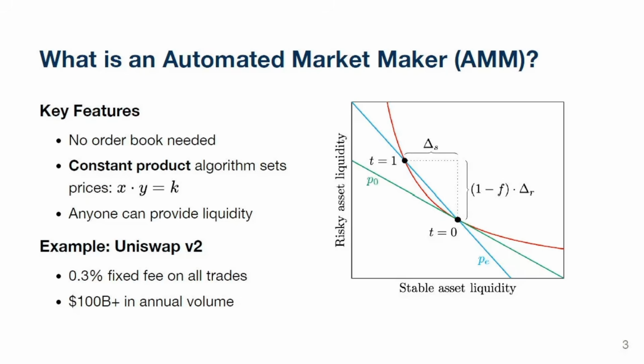In our specific case, we consider the constant product curve, where we have X times Y. These are the units of asset 1 and asset 2, and these units multiplied together must be equal to some constant K. Visually, this is what the curve looks like, and you can see a swap happening like this. In the case of Uniswap V2 I was talking about, there is a 0.3%, or 30 bip, fixed fee on all incoming trades.